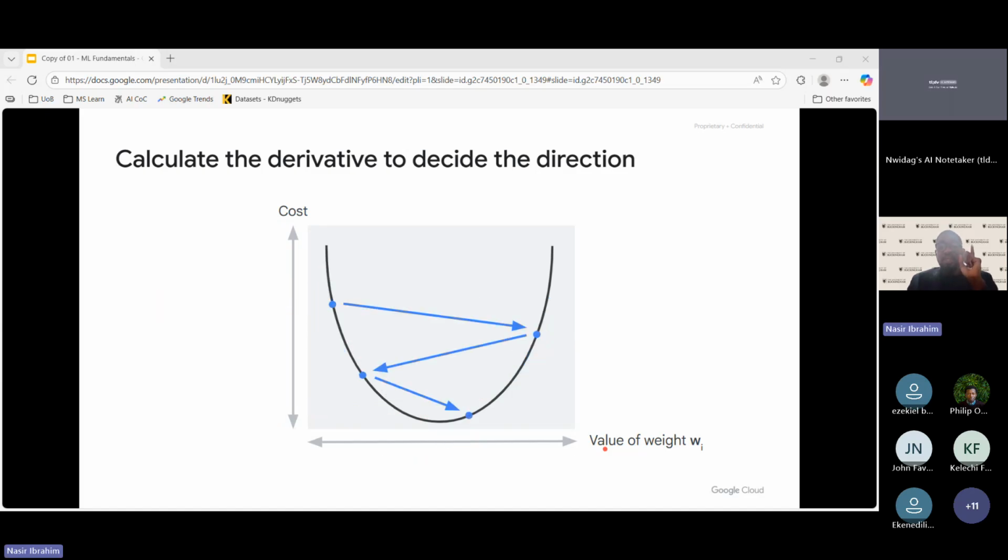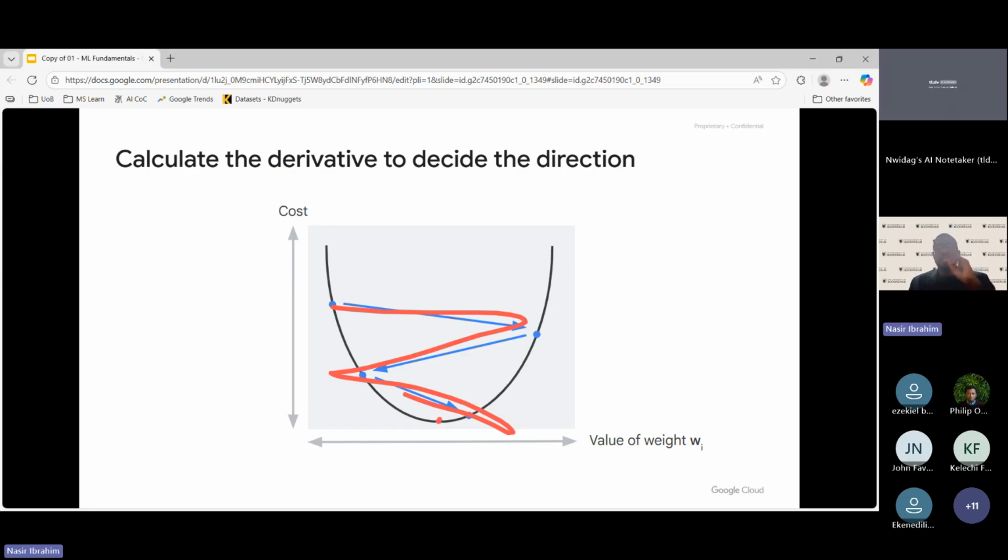Another parameter that you have to determine is, based on the direction, you can bounce all over the place. Every time you decide, the cost function will take a specific direction, and the process will be repeated until you eventually end up very close to the minimum here.